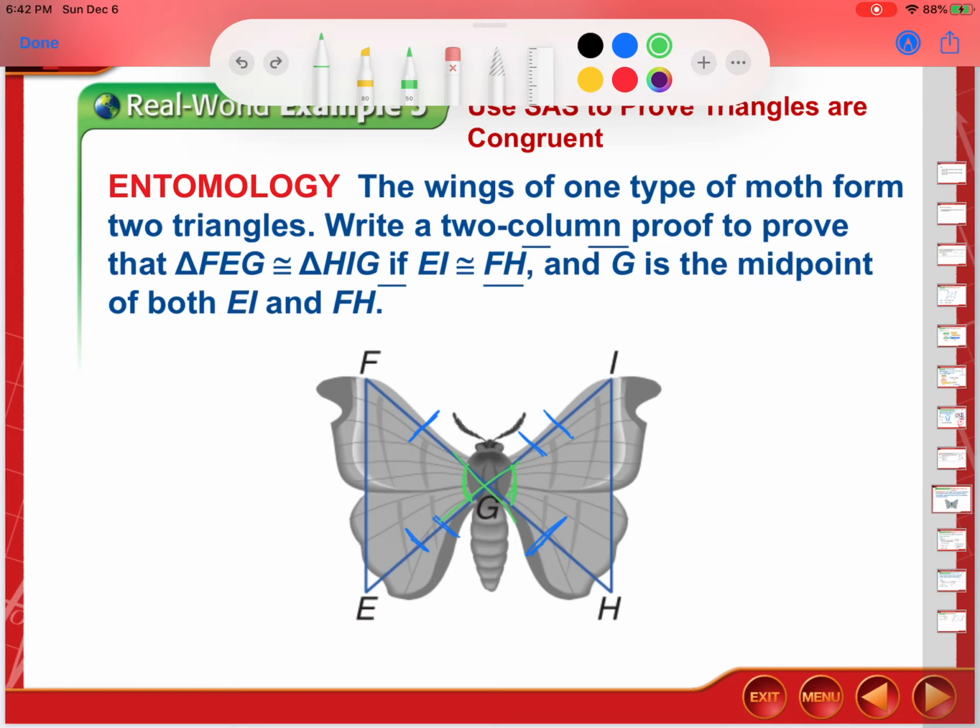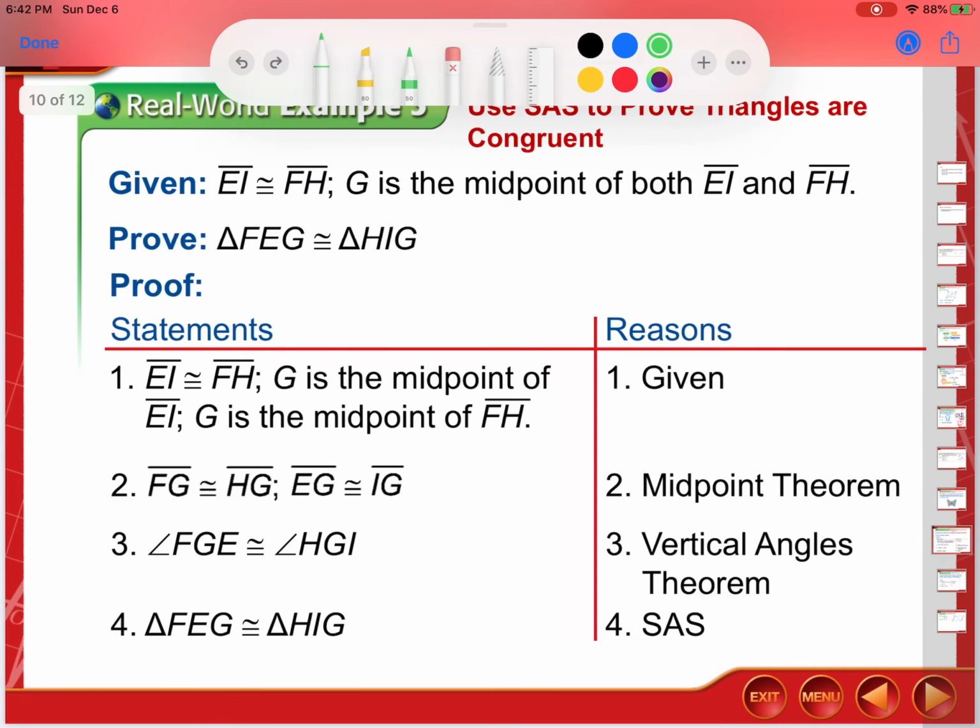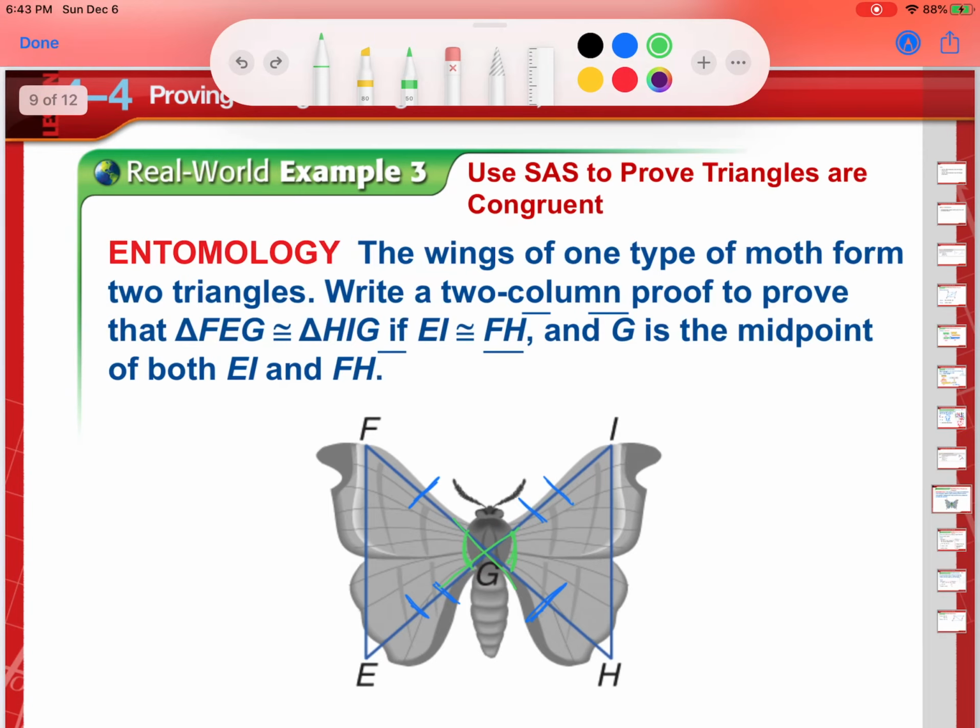So now that we have all of that, we can see that we have two corresponding sides on each triangle that are congruent, and the included angle is also congruent. So we could then say, by side angle side, these two triangles are congruent. And so if we look at this proof, that's essentially what they did.